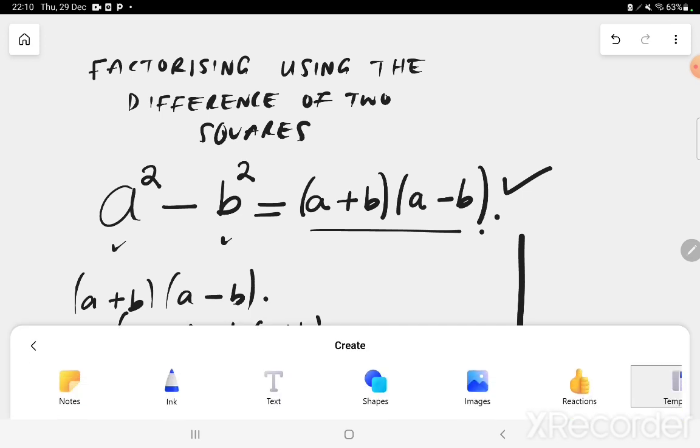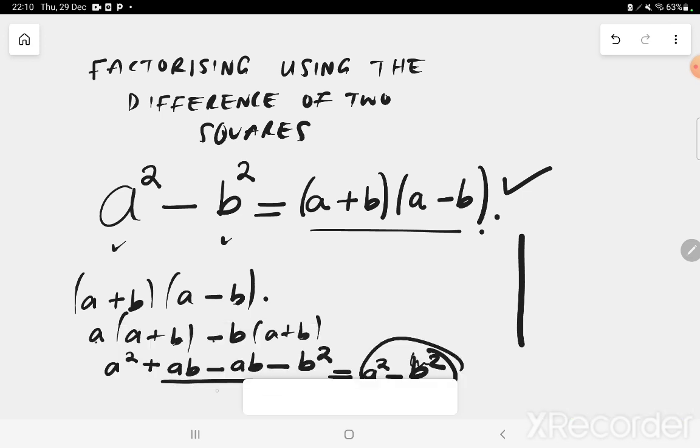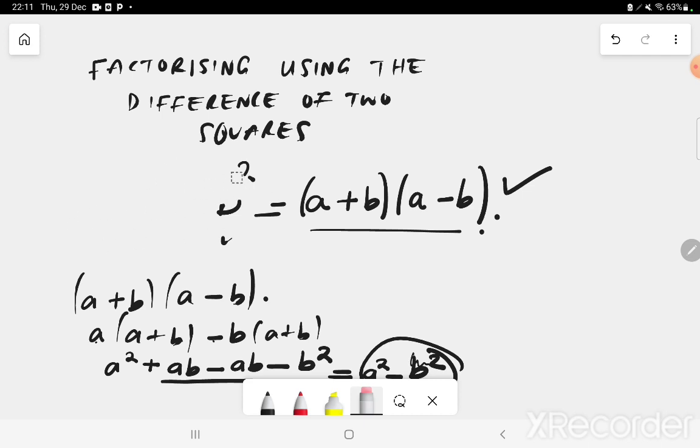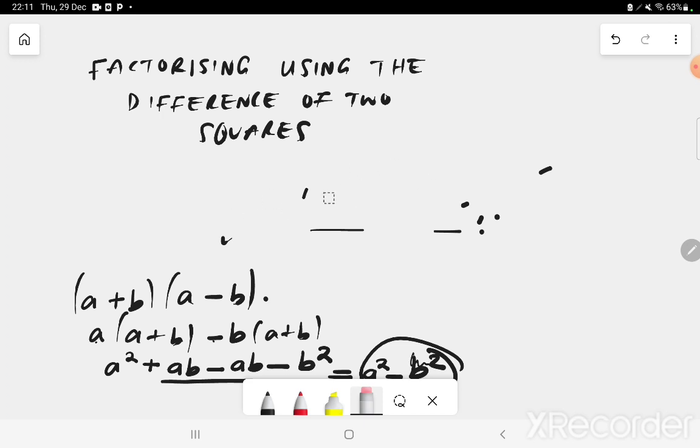Let's look at an example. So our task is very simple. We want now to do some examples to see how we can apply the difference of two squares.